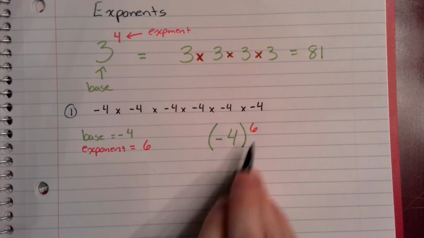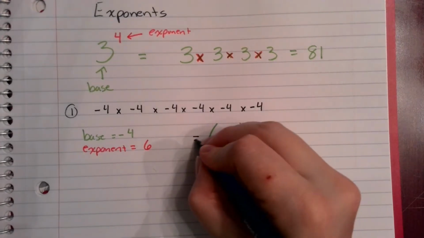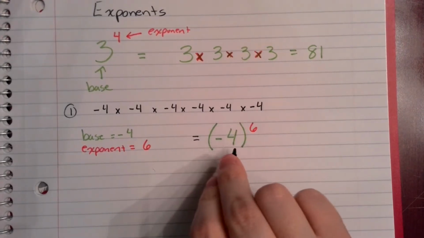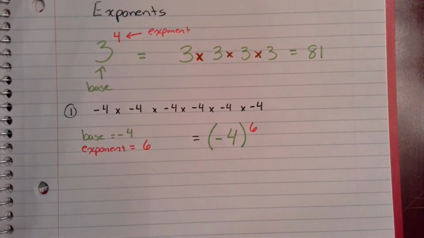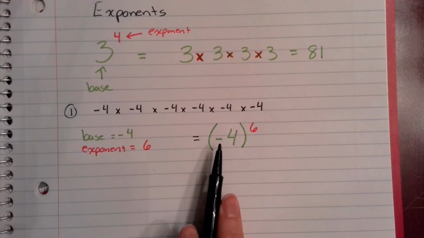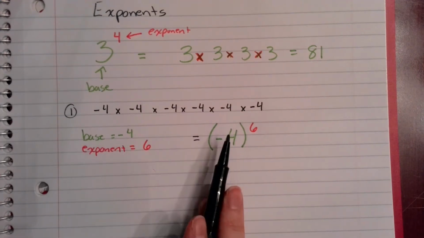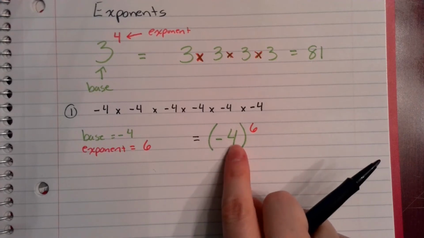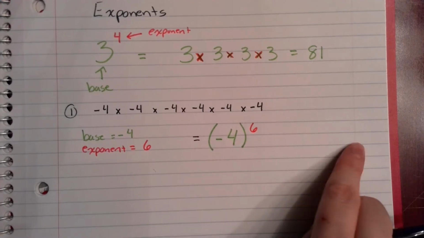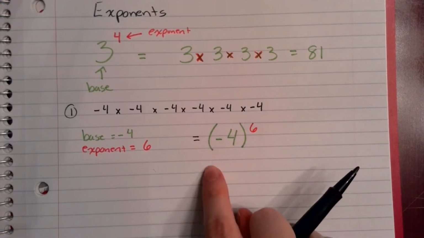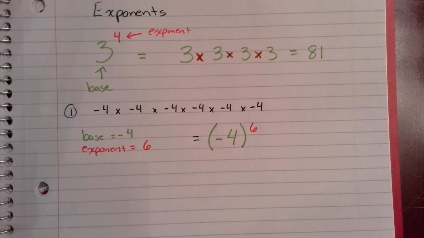So that's what it would look like in exponential form: -4 inside parentheses and the exponent 6 on the outside. If I did not put the negative inside the parentheses, that would actually change your answer. A -4 inside parentheses is going to come out to a positive answer. If you did not have the -4 in parentheses, you would get a negative answer.